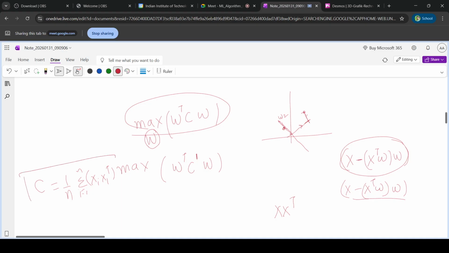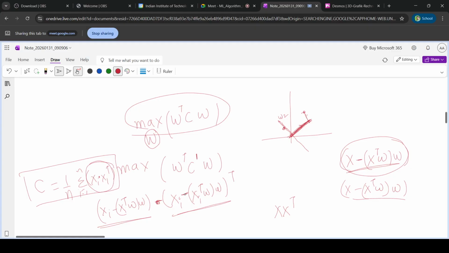So that is for the good w calculation. But now instead of this xi you are taking xi minus xi transpose w into w, and then you have to take its transpose as well.